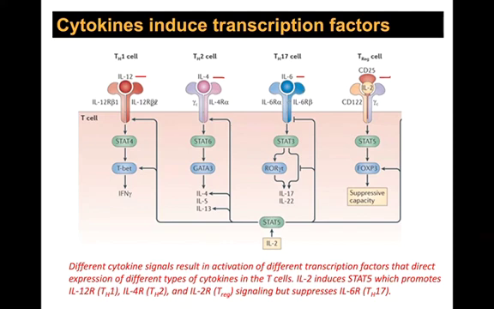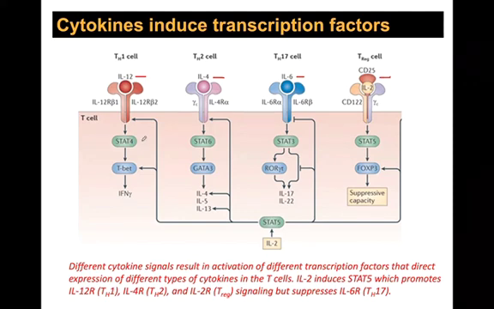Signaling through any of those cytokine receptors is going to activate specific JAK proteins that lead to the activation of specific STAT proteins. Now for this class, you don't have to know the Janus kinases. I'm just asking you to know the STAT proteins because those are transcription factors.